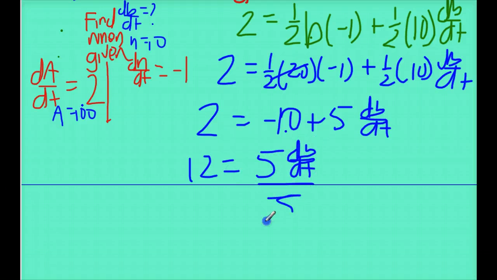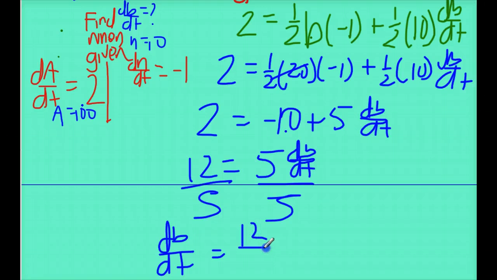If I divide by 5, then I get that the base is changing at 12 over 5, and my units here are centimeters per minute.